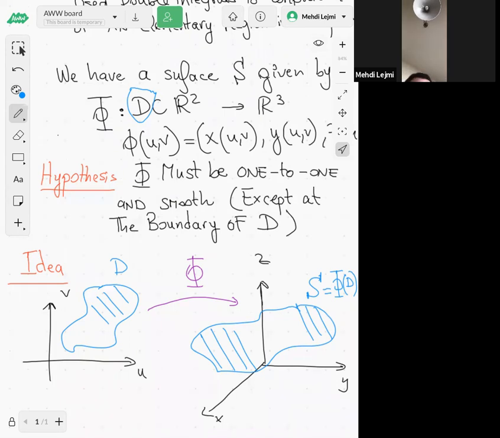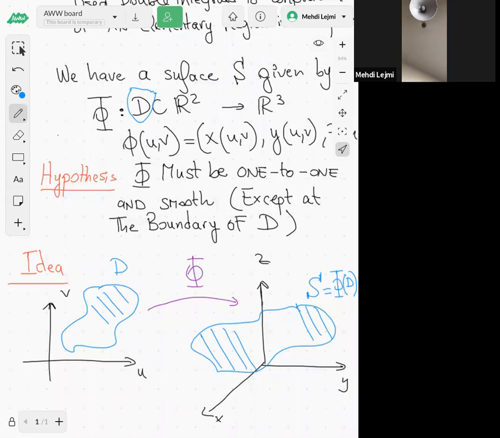The idea is, as usual, like what we did when you compute the area of an elementary region, or the volume of some solid in space: you divide your surface into very small rectangles, approximate the area of these small rectangles, and the total area would be the sum of all of them. Then you take the limit, so the rectangles get smaller and smaller, giving a better approximation, and in the limit the sum equals exactly the area of your surface.